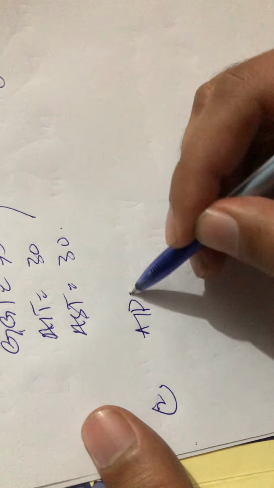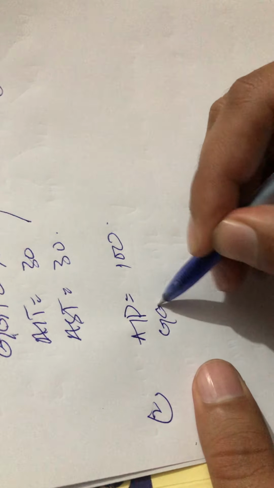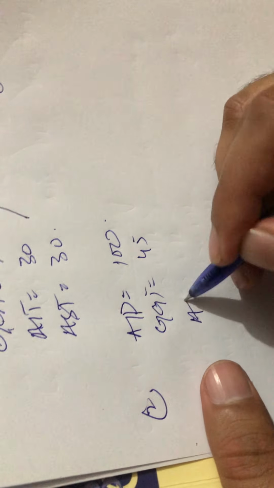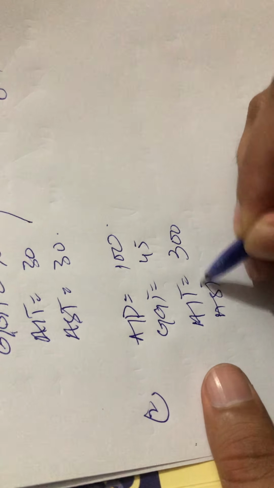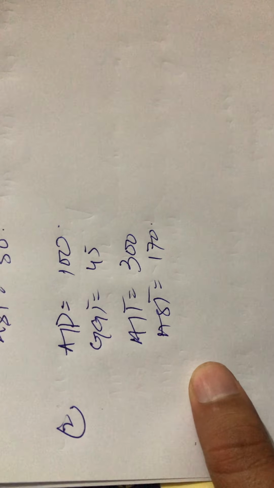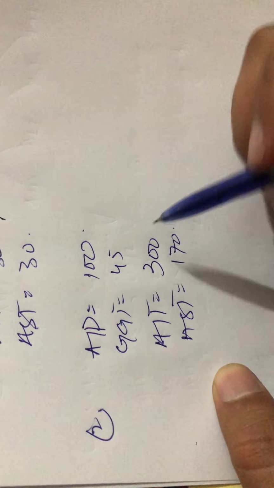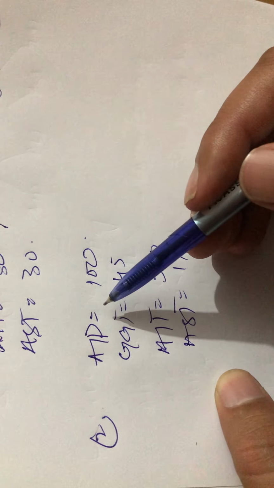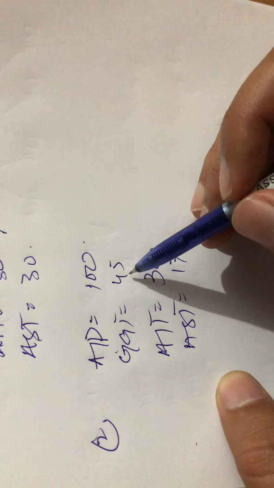Next, ALP is 100, GGT is 45, ALT is 300, and AST is 170. So here the two things, ALT and AST, are raised, which means there is some pathology in the liver, while the enzymes which show us the pathology in the biliary tree are normal. ALP is in the normal range, GGT is normal.